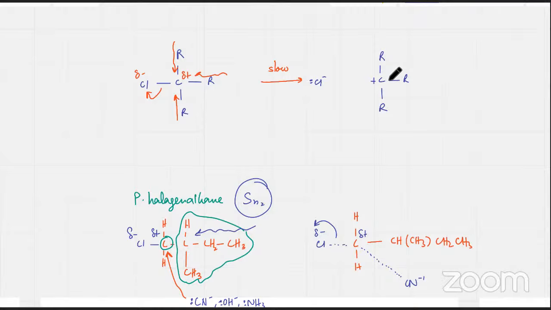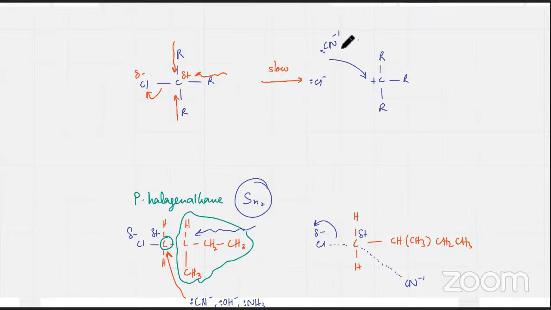And the CN-1, the C with its lone pairs, will now get attracted to the positive carbocation, and that would result in the formation of the substitution product, which is the Cl will be substituted by CN.